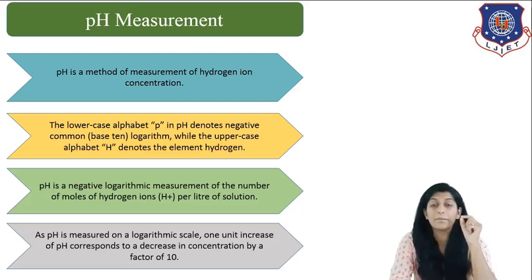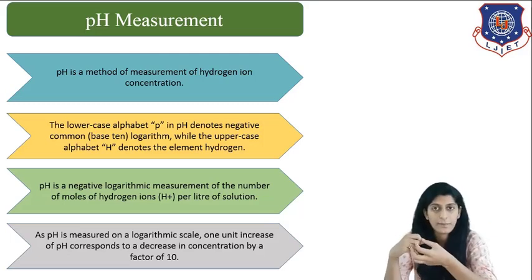For that we must ensure that the pH range is proper, correct? So we always need to know the pH of the food which we are manufacturing, packing or preserving, correct?